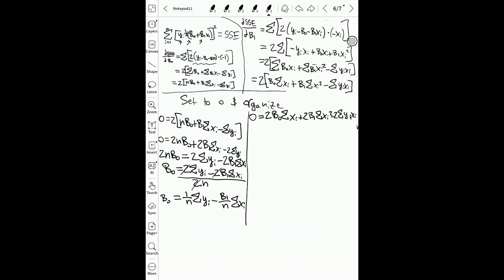All right, and now we're going to do the same thing we did with beta naught. We're going to move anything that has a beta 1 over to the left side of the equation, and anything from the other side to the other side. So basically what I'm going to do is move this term and this term over to the other side of the equation, but I'm going to write the beta 1 on the left.